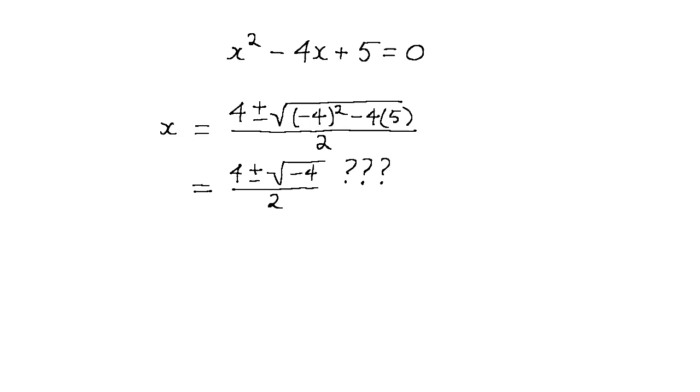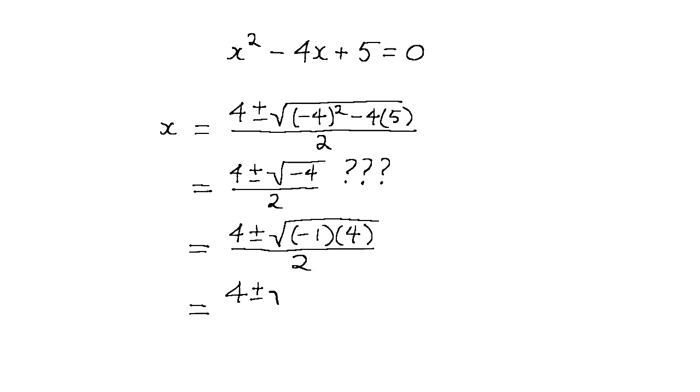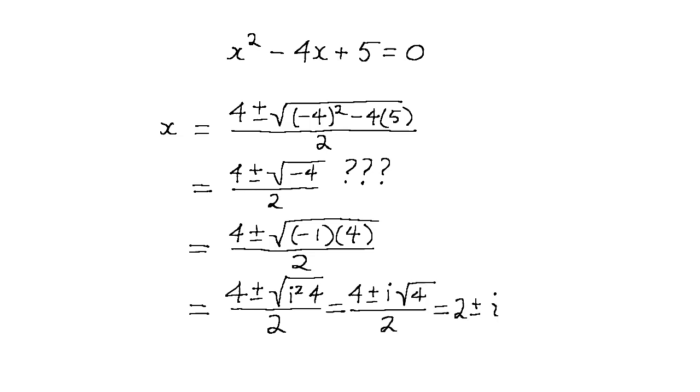This puzzling situation can be resolved if we factor the negative number under the square root sign like this. Then apply the definition of the imaginary unit i to ultimately express our solutions as a pair of complex numbers. In this case, that pair is the conjugate pair 2 plus i and 2 minus i.